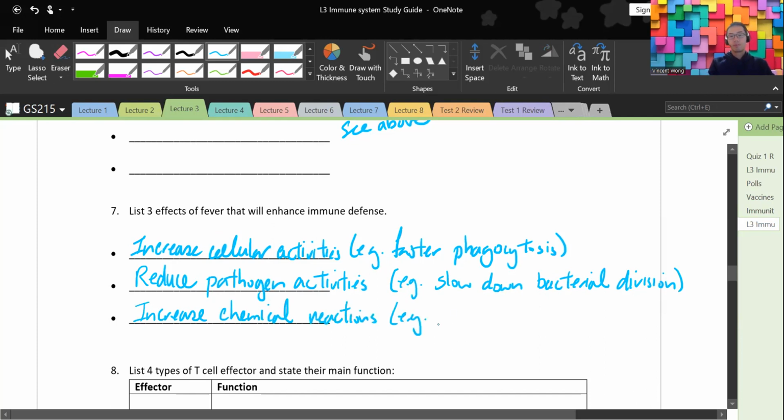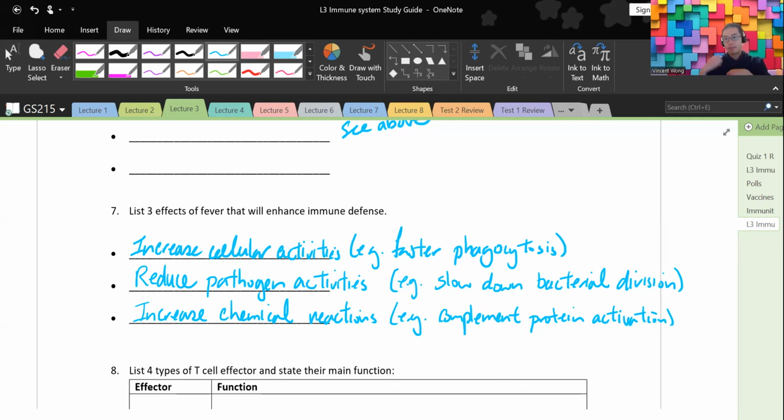So, such as complement protein activation. Remember, I said the complement proteins can have an on and an off form, right? So to turn them on or turn them off, it's actually a chemical reaction. And you know, when we have a higher body temperature, those reactions tend to occur faster.